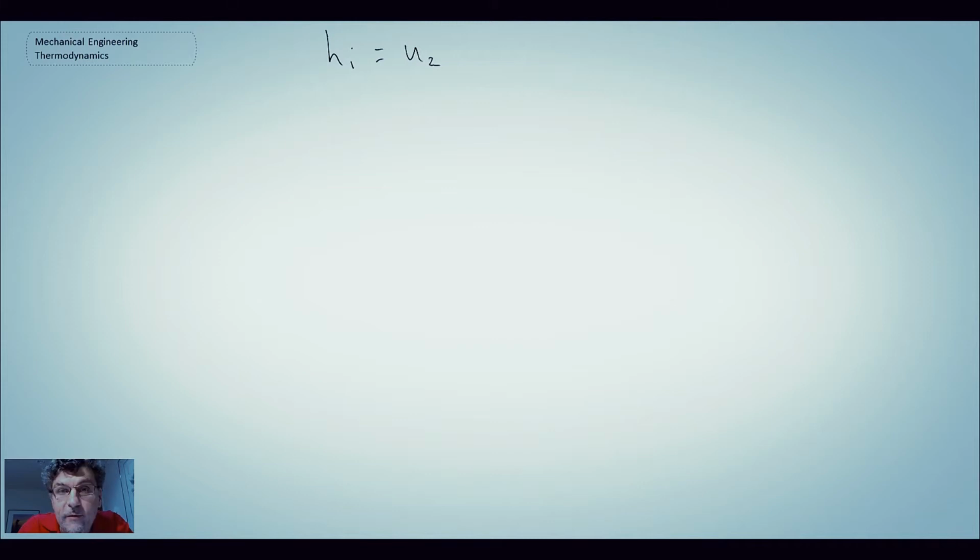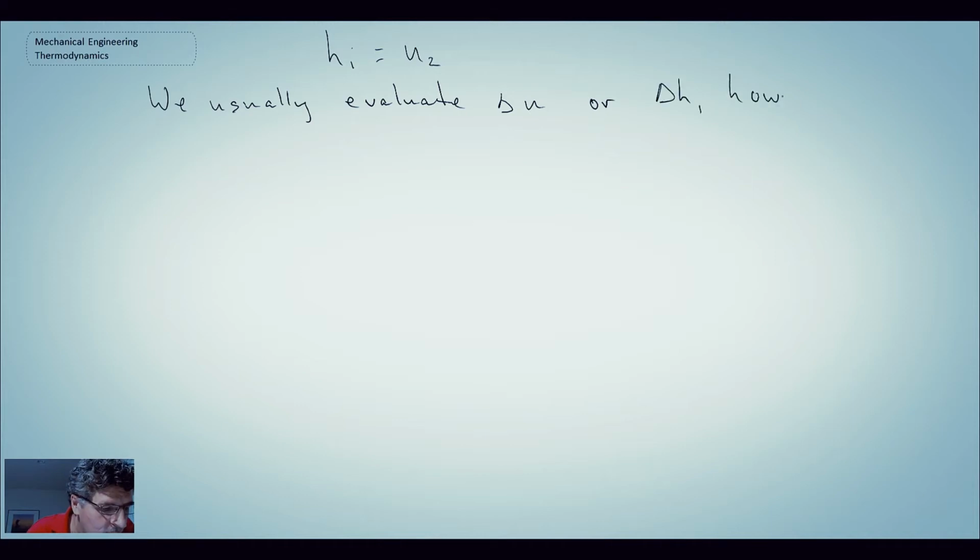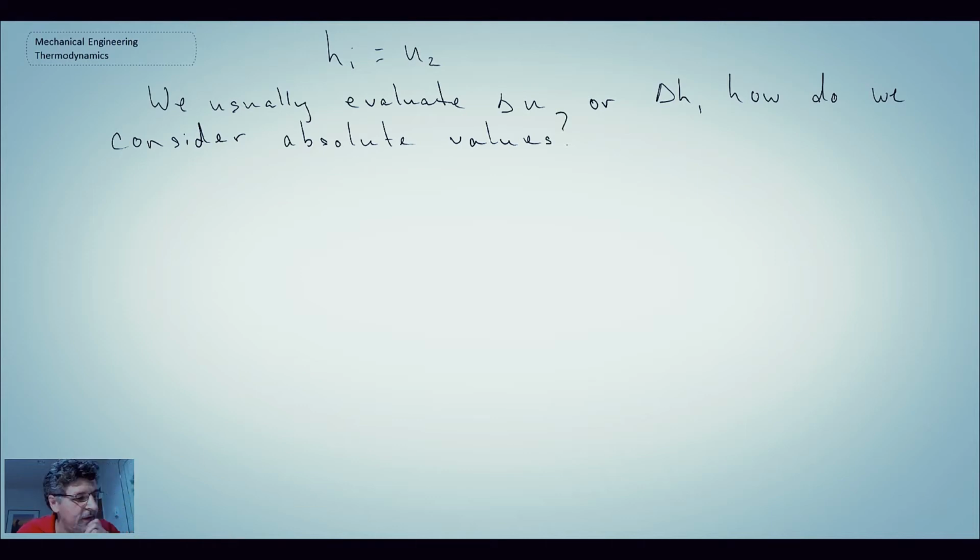We haven't been faced with a situation where we need to determine an absolute value for those. So how do we deal with absolute values?